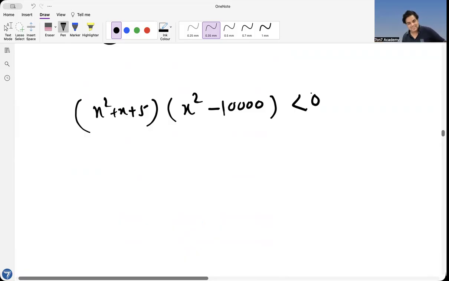You can't factorize, so we need to find the roots by first completing the square. Let's find the roots.